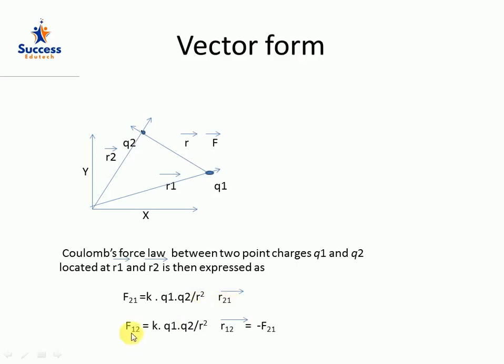Similarly, F12 will be k into the product of charges q1 q2 by r square, and its direction will be along the position vector r12. So the magnitude will be the same, F12 is equal to F21, but the direction is opposite.